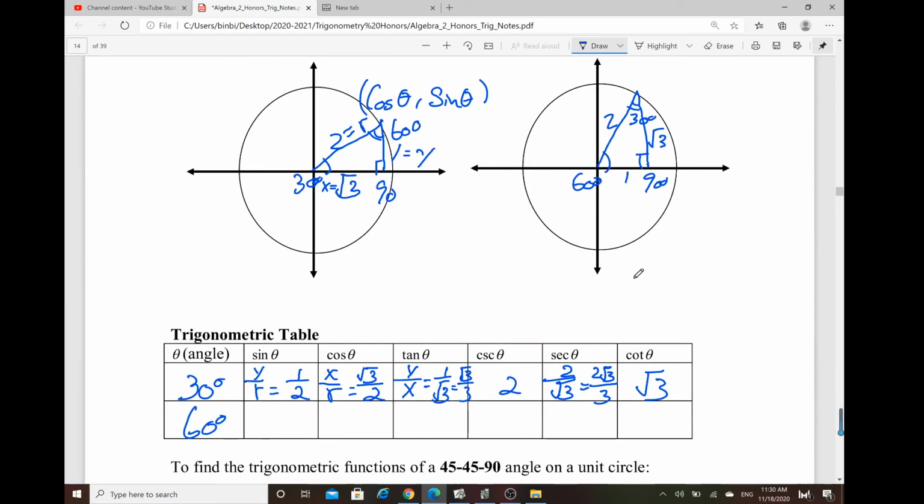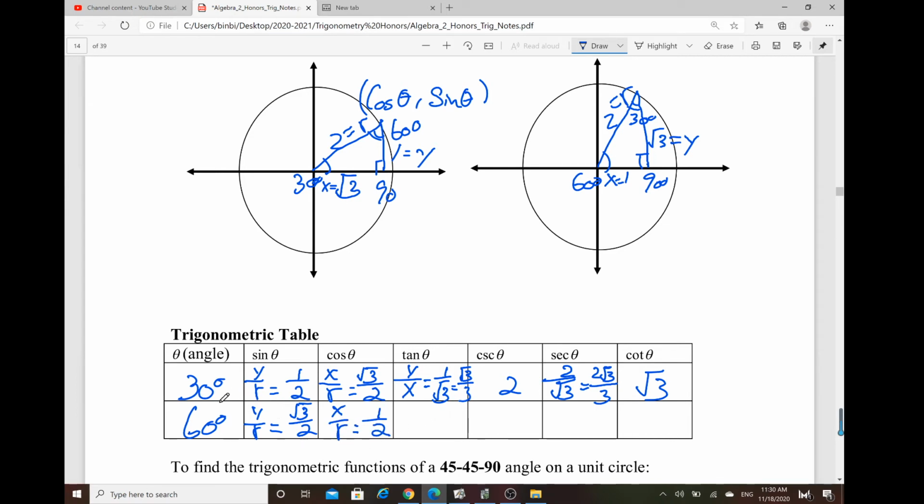Using the formula, sine of theta is y over r. The base angle this time is 60, so y over r is root 3 over 2. And then cosine of 60, which is adjacent over hypotenuse, or x over r, is 1 over 2.